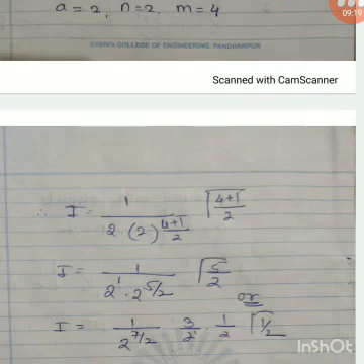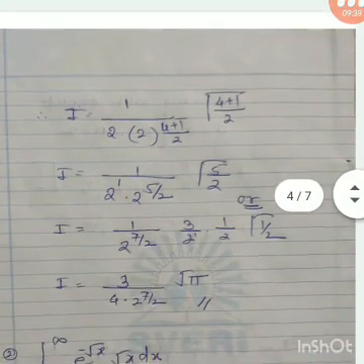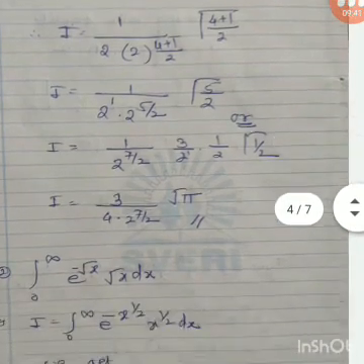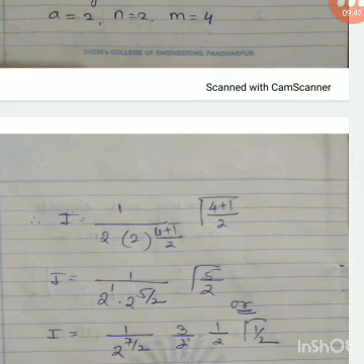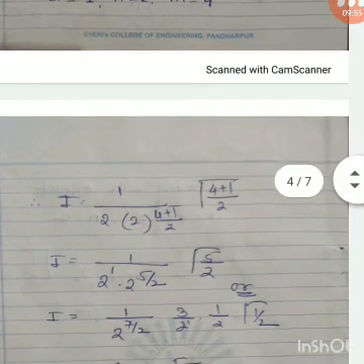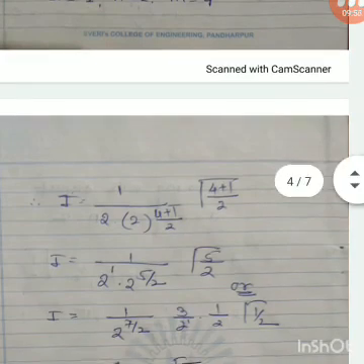Comparing with the result, a is equal to the coefficient of x in the exponential, that is 2, and the power of x in that exponential is n, which is 2, and m is equal to 4, the power of the single x. Remember the comparison again: in e raised to a x raised to n, a is the coefficient of x, n is the power of x, and the single x has power m, so m is equal to 4.